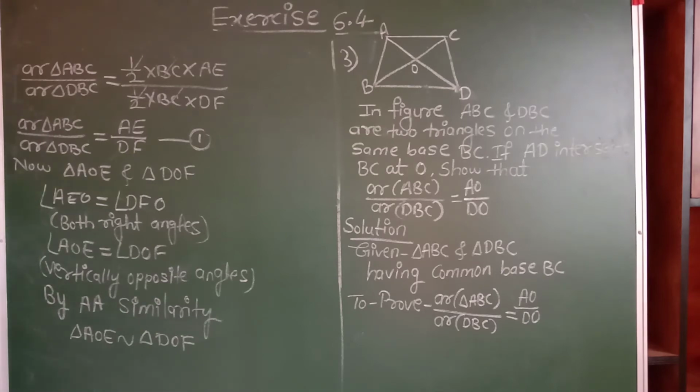But we know that if two triangles are similar, their corresponding sides are in the same ratio.